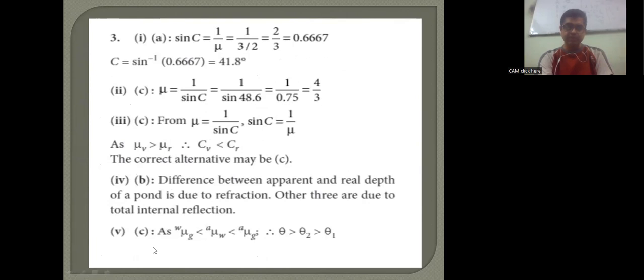Now students, the refractive index of glass with respect to air is highest, then glass with respect to water. And sin ic is the reciprocal of mu. So the theta order will be theta more than theta 2 more than theta 1.